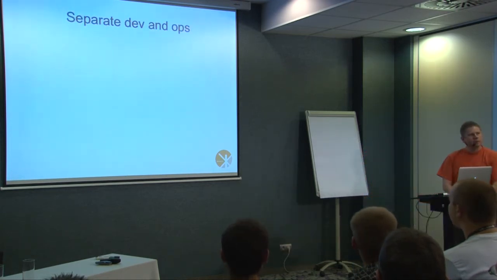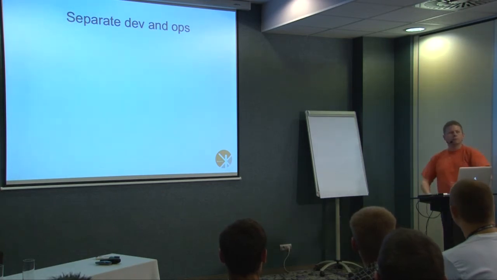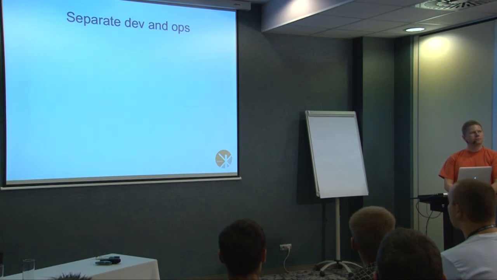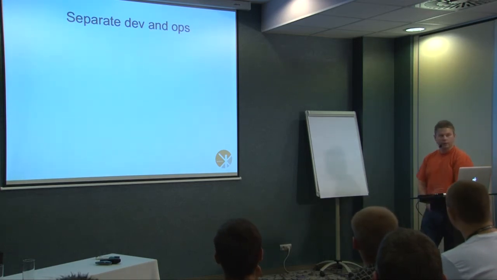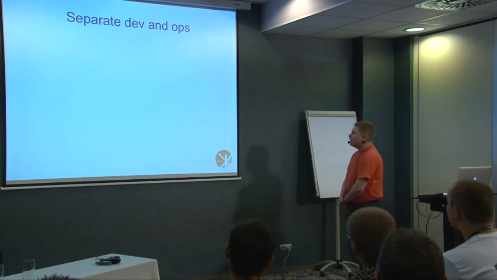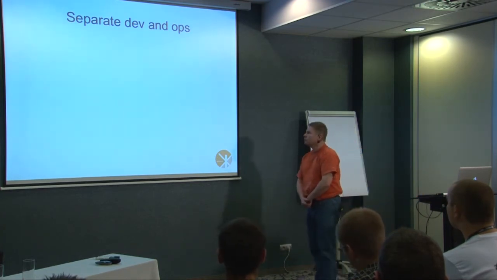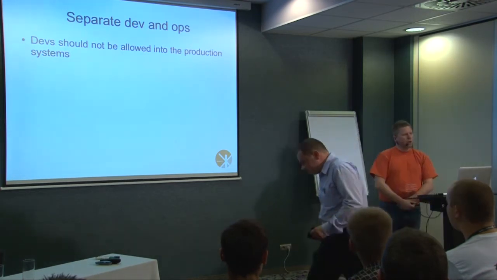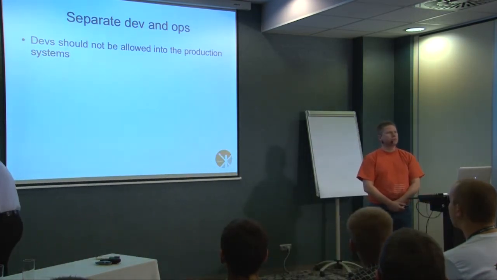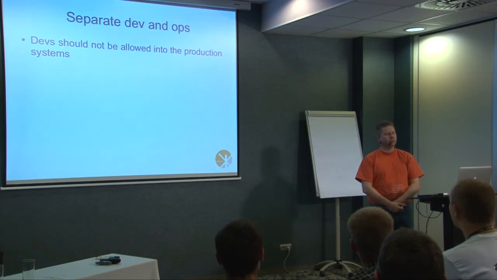Development and operation. How many in here are developing something and then throw it over the wall to an operation department? Not too many. Okay, so the rest of you are operating it yourself, I suppose. Well, that's one way to do it, but make sure that you don't allow developers into production systems. They will probably just break something.